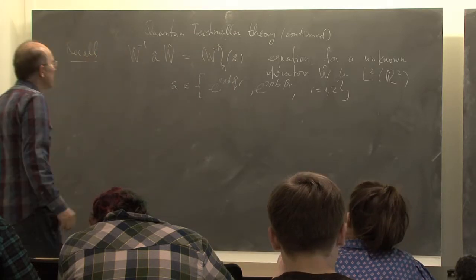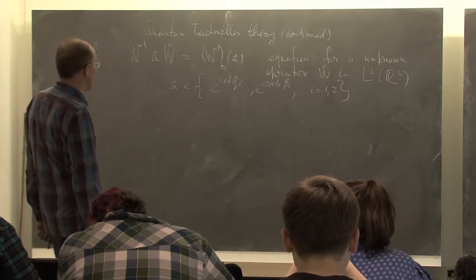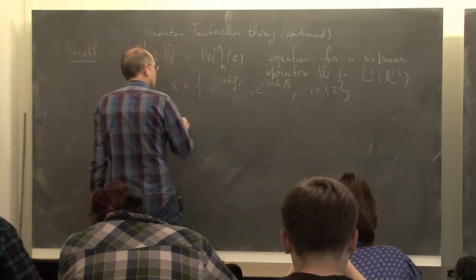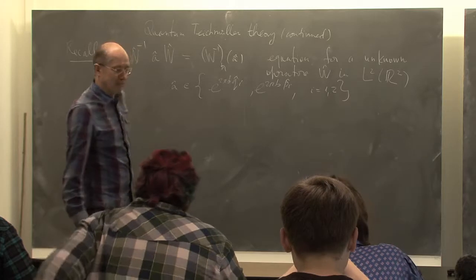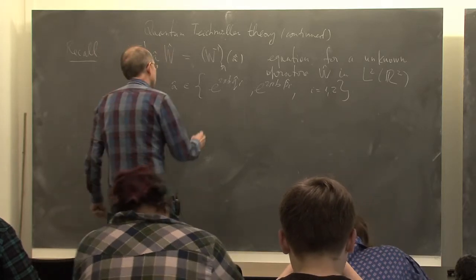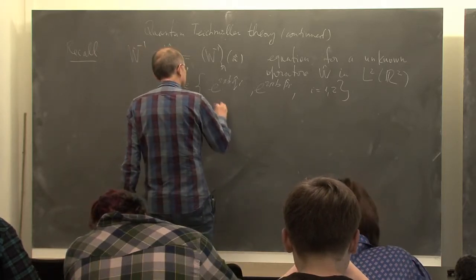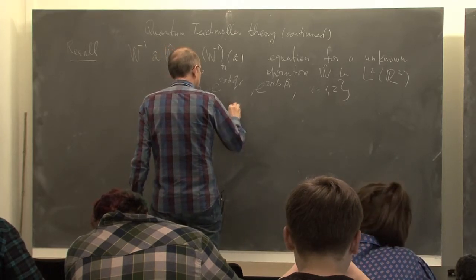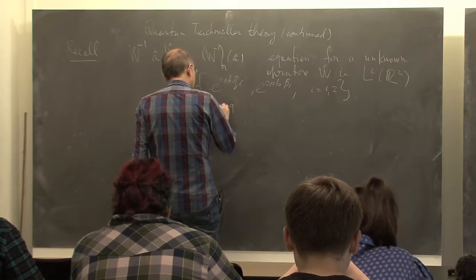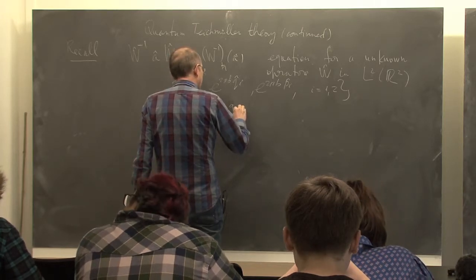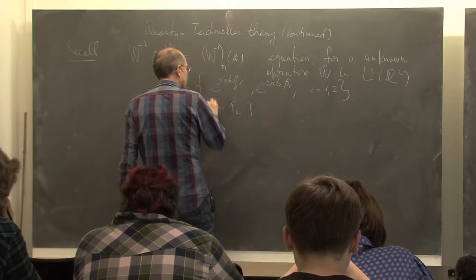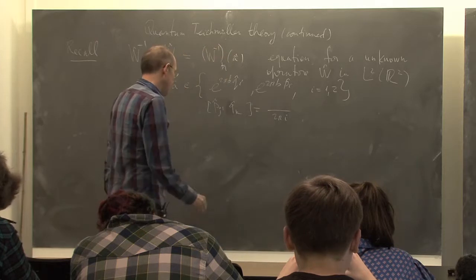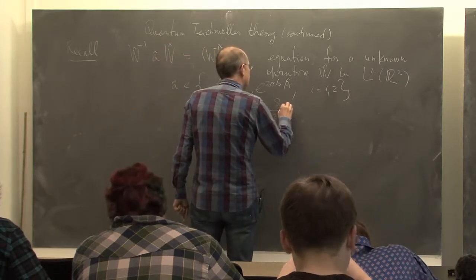So p1, p2, q1, q2 are Heisenberg position momentum operators with commutation relation [p_j, q_k] equal to 1 over 2 pi i delta_jk.